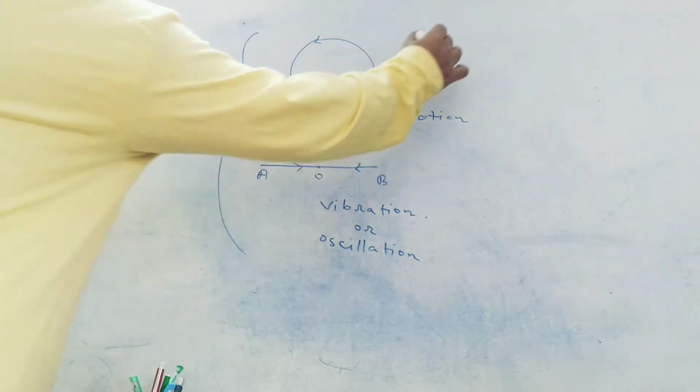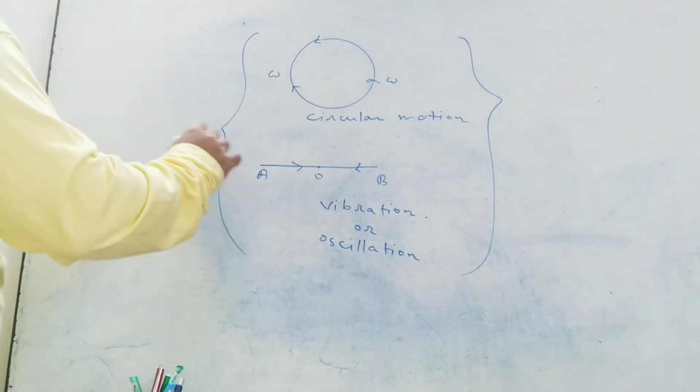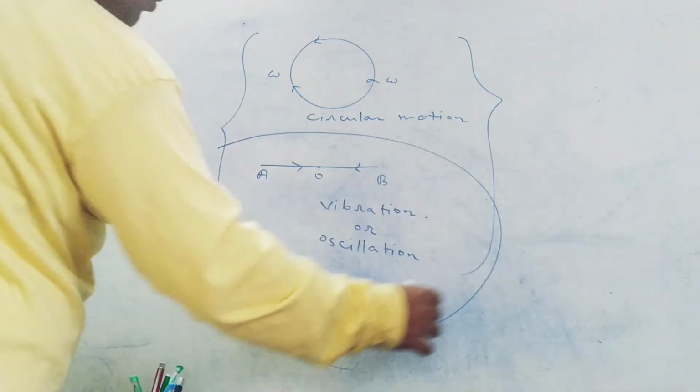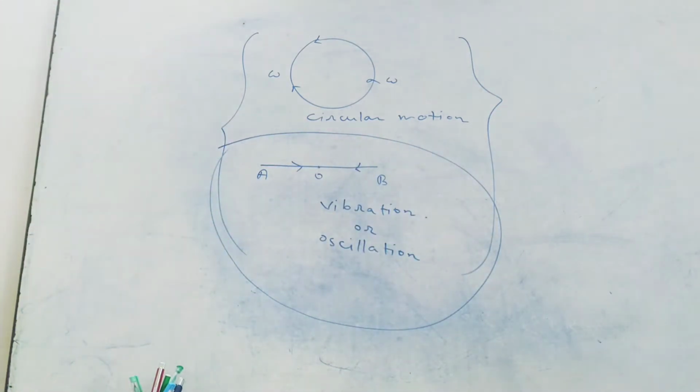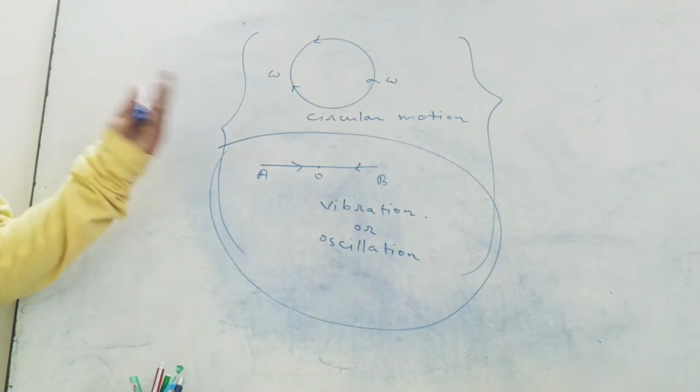These two motions are known as periodic motion, but only this motion is known as vibration or oscillation. I think you can understand the difference between vibration or oscillation and periodic motion.